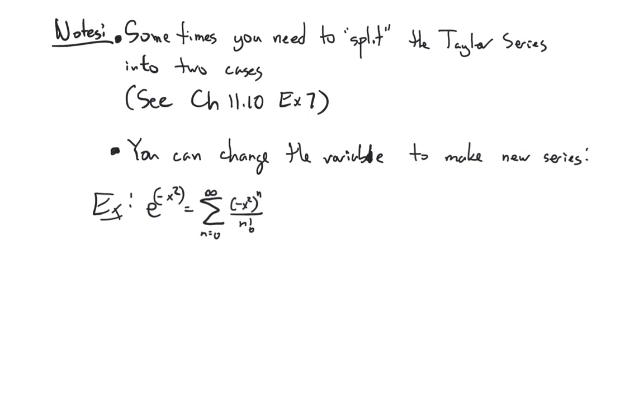Because if you remember, e to the x was x to the n over n factorial, as n goes from 0 to infinity. So that's a nice idea as well. If you have more complicated things here, you can indeed just swap it out with something that you know and come up with a nice power series representation or Taylor series for that too.